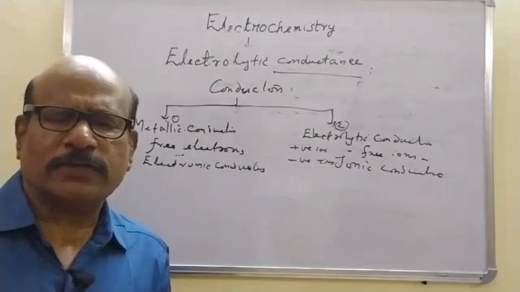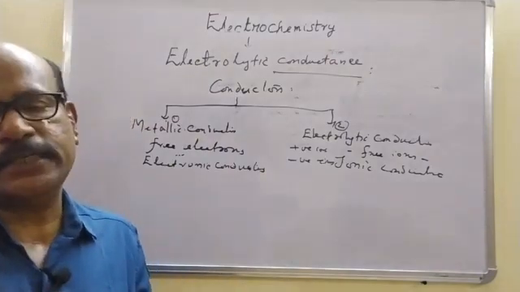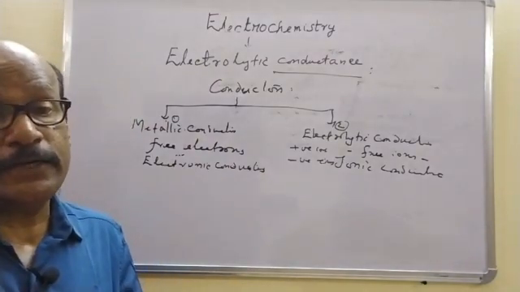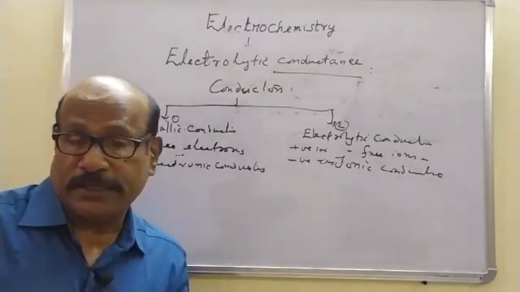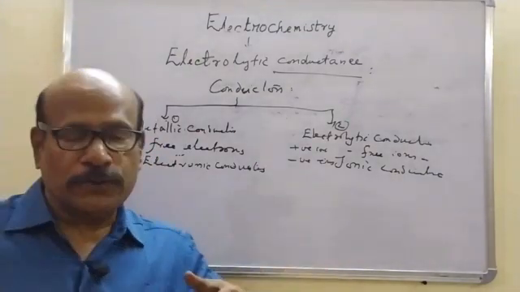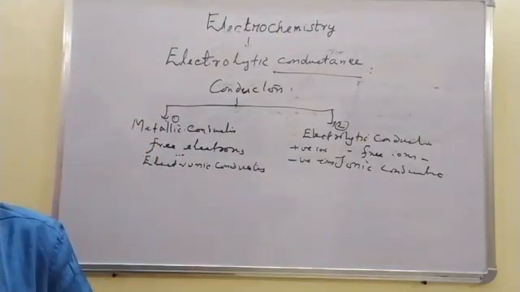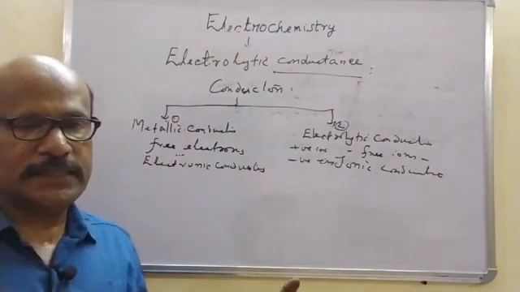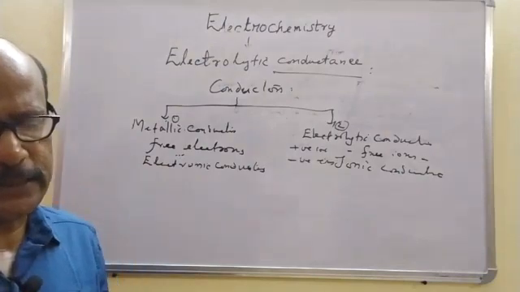But in the case of electrolytic conductors, as the temperature increases, the degree of dissociation of the electrolyte increases, more and more ions get free, and also the mobility, the ionic speed of the ions, increases with the increase of temperature. That may also be another aspect.